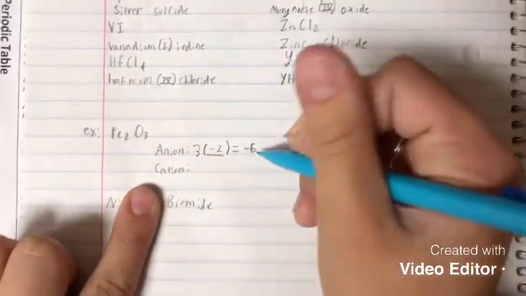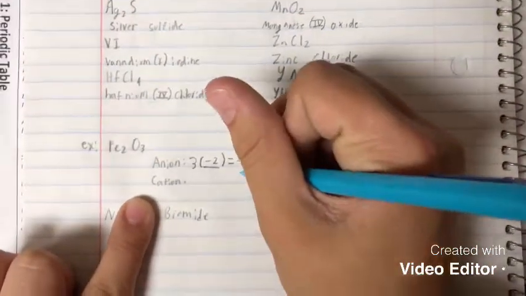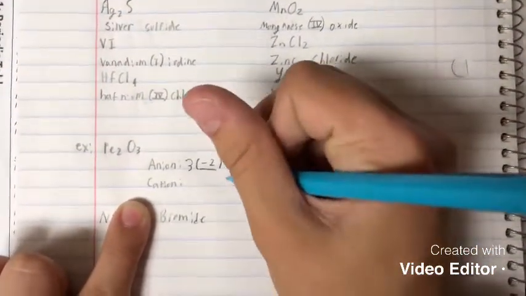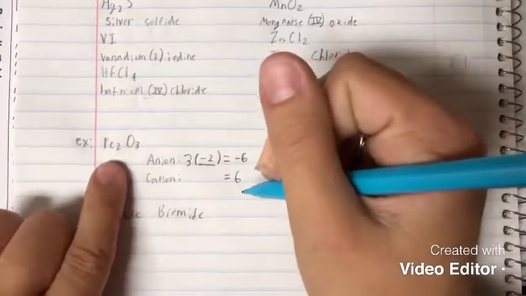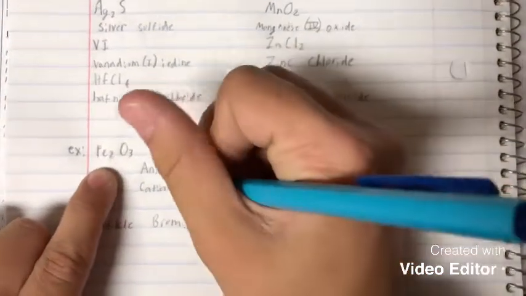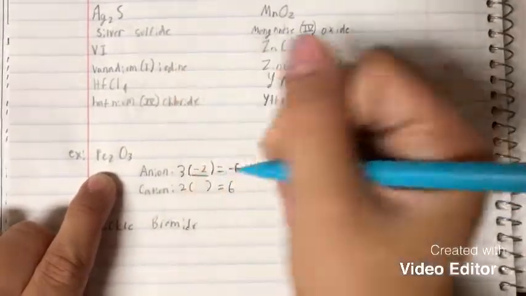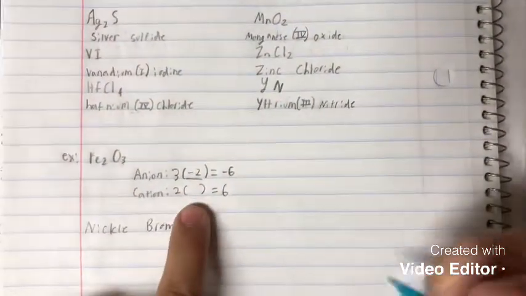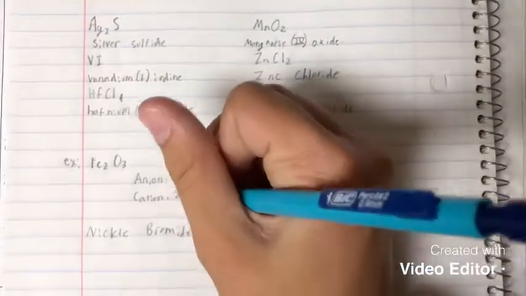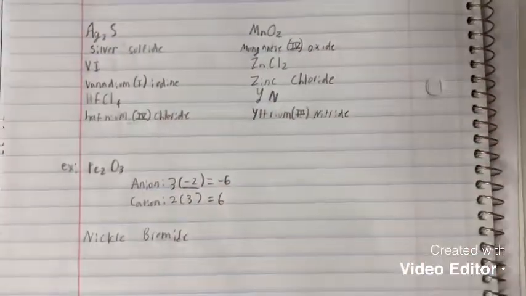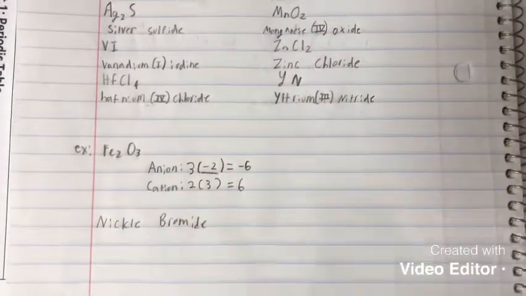So we know that the cation has a total charge of +6. We also see that the subscript is 2. So this makes it really easy for us to calculate its charge, which would have to be 3, because 2 times 3 is equal to +6.